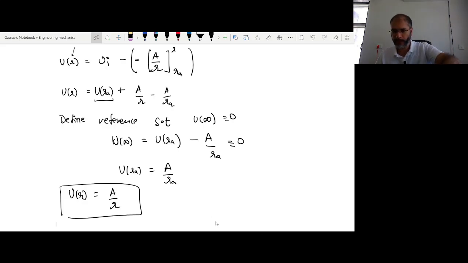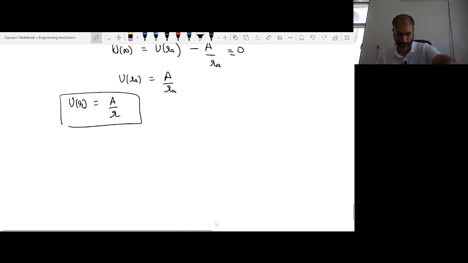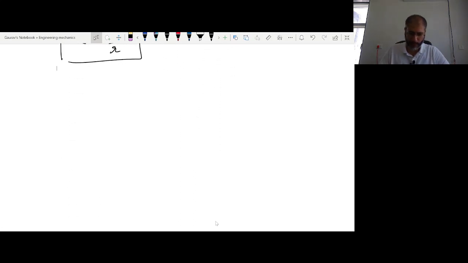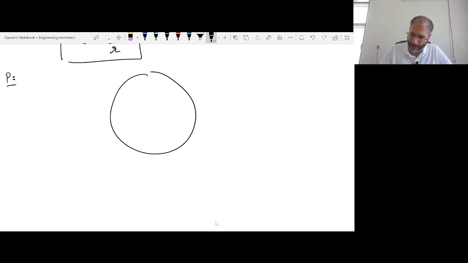Right, so another problem. So we'll solve two more problems today. So in this case, we have a hoop and there is a bead that moves over the hoop. And this is the vertical plane, so G is acting in this direction.